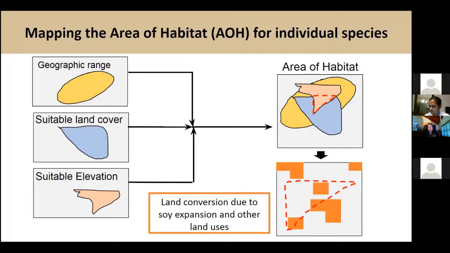And then by assessing this extent against habitat loss analysis due to crop expansion, for the case of soy, we can then analyze the extent that soy affects the habitat loss of that specific species.